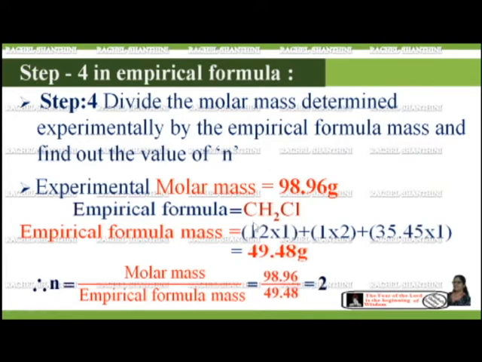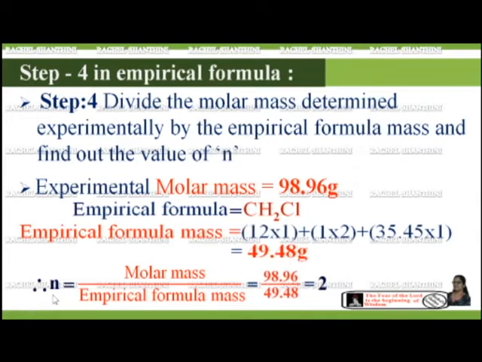Here we have 1 carbon, so 12 into 1, plus 2 hydrogen atoms, so 1 into 2, plus 1 chlorine atom, 35.45 into 1. And 12, 1 and 35.45 are the atomic masses of carbon, hydrogen and chlorine. When we sum up, we get 49.48 grams as the empirical formula mass for this compound.